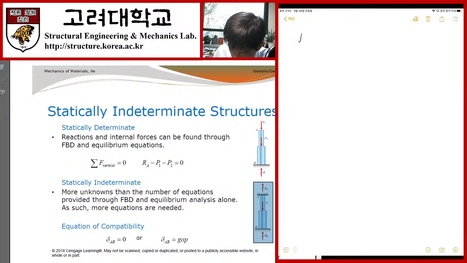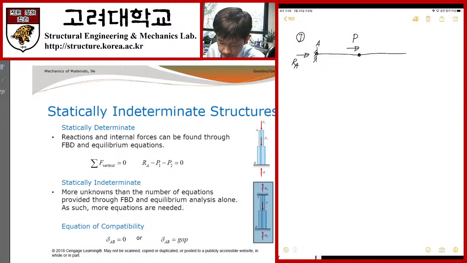Okay, so let's consider system 1. In the case of system 1, we have force P here, and I want to consider the displacement boundary condition at point A, and then I have unknown reaction RA here.